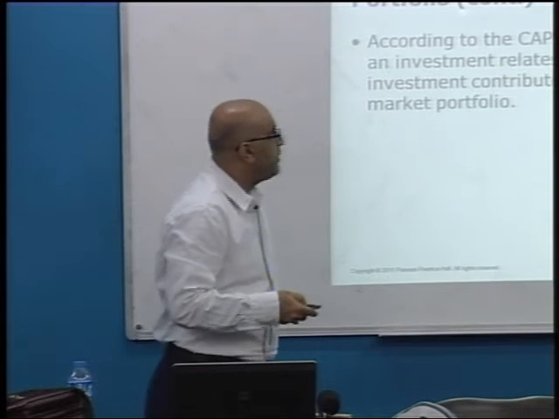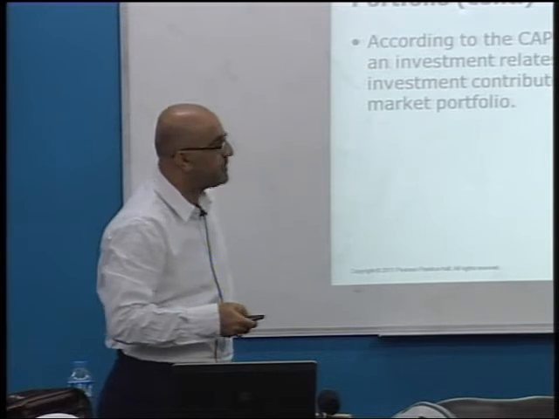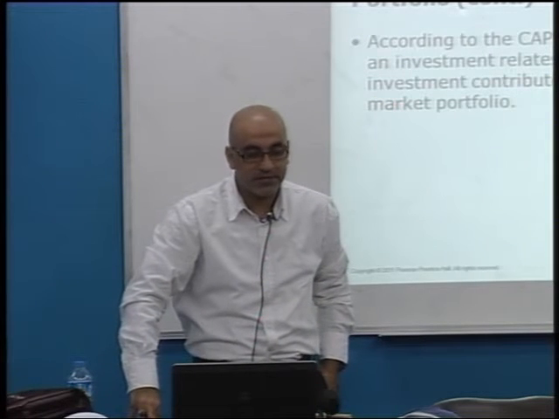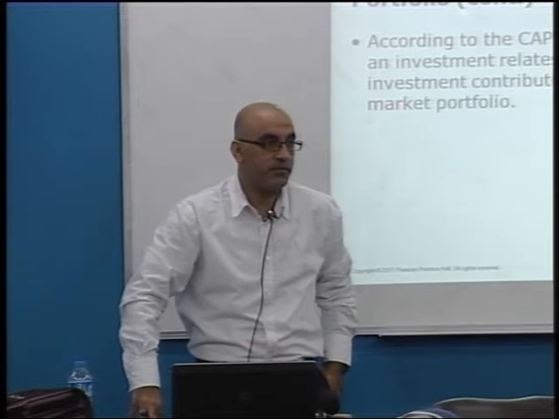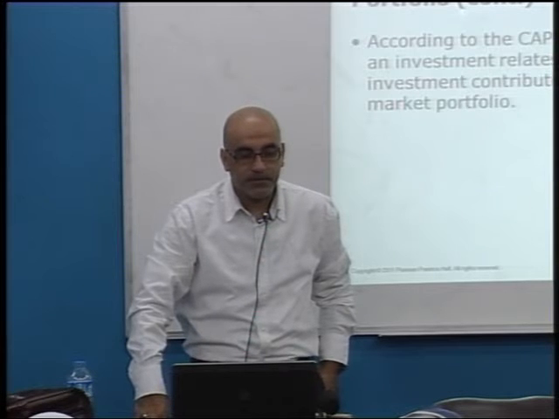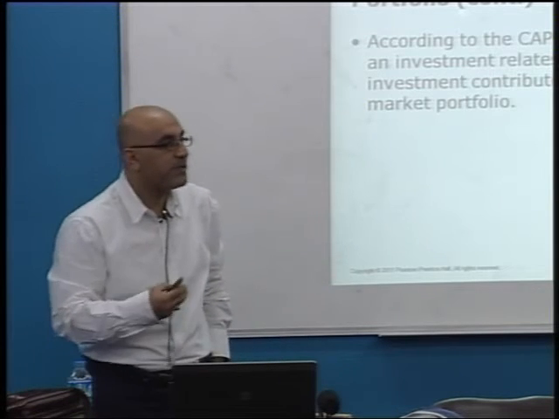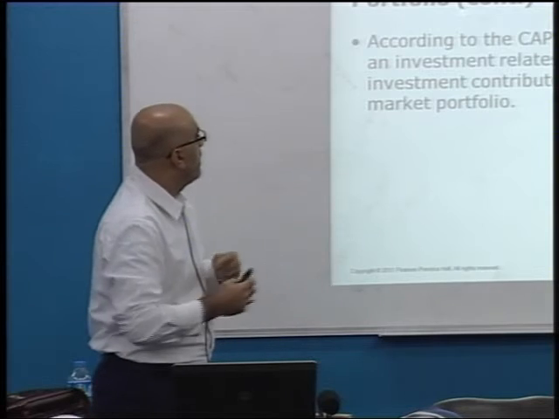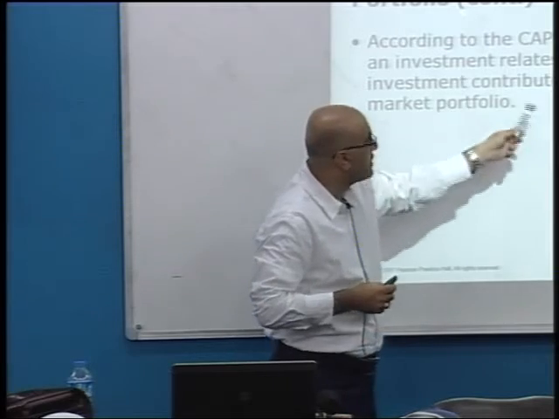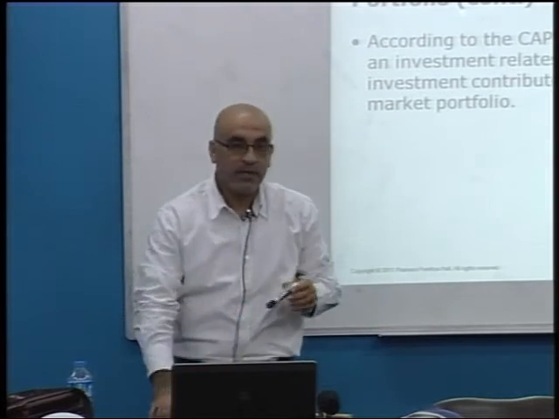According to the CAPM, the relevant risk of an investment relates to how the investment contributes to the risk of this market portfolio. Okay? So it means how each investment contributes to the risk of this market portfolio.